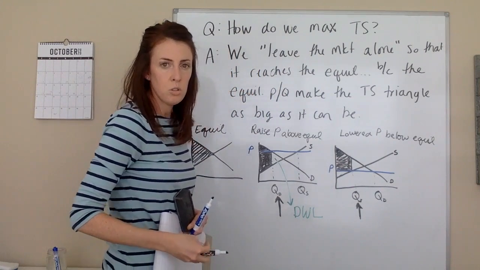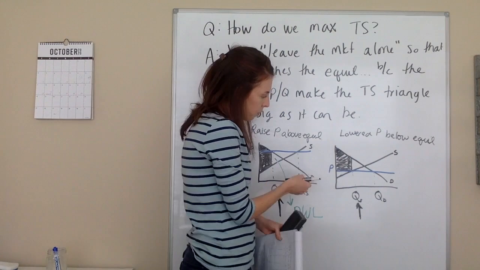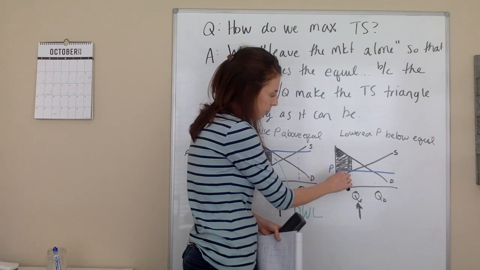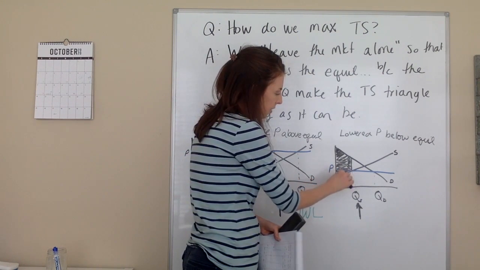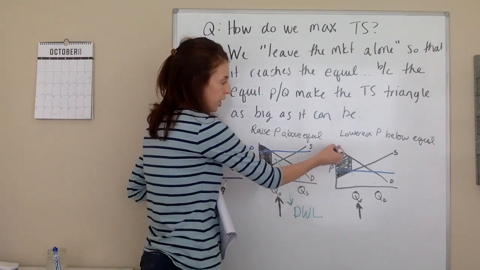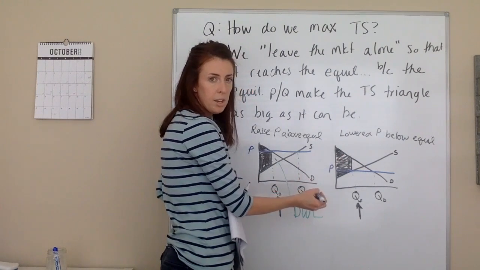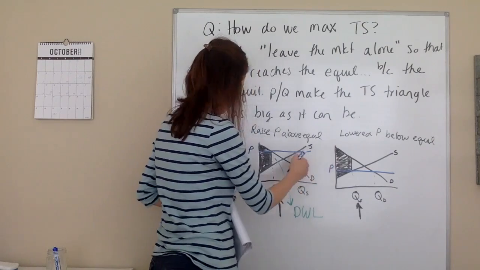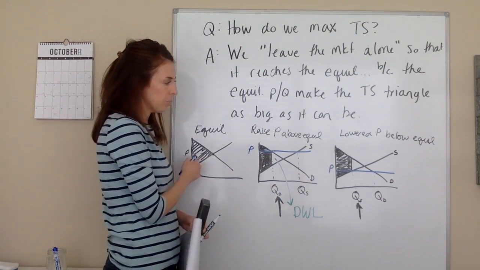This is going to be the new consumer surplus. The producer surplus is the area that's underneath the price above the supply curve, so this little triangle down here would be the producer surplus. The whole shaded region is the total surplus in the market. That's the total economic well-being that's realized by everybody. It's smaller than what it originally was when we were sitting at the equilibrium price.